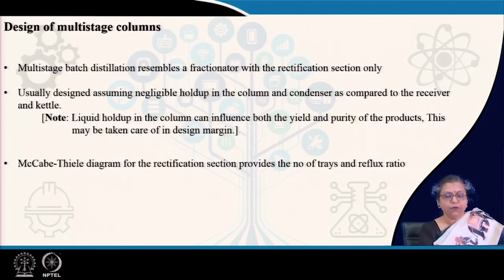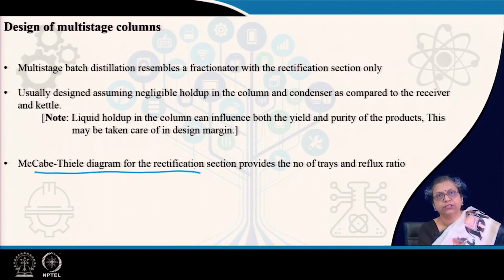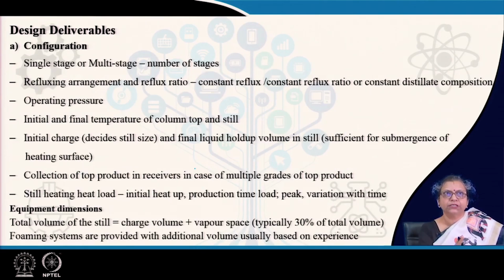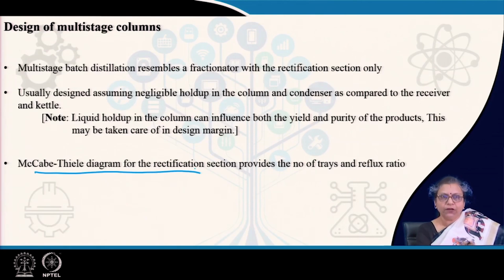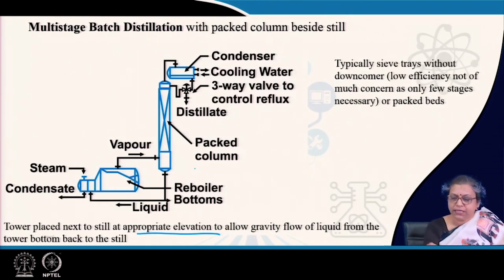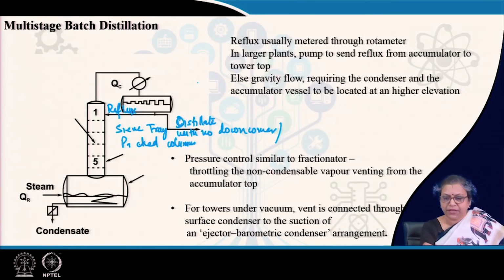So, normally we use the McCabe-Thiele diagram for the rectification section in order to obtain the number of trays and the reflux ratio. And there is just one thing I would like to mention: with the reflux, the column is operated under two conditions. One of them is when the distillate product composition is very important.